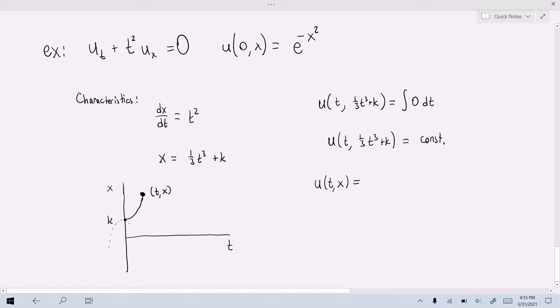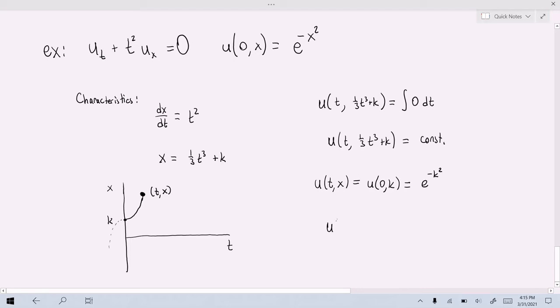So in particular, it'll be the same as u evaluated at the point (0,k). Now applying the initial condition, we know that this is e to the negative k squared. So u is equal to this constant value along this characteristic.